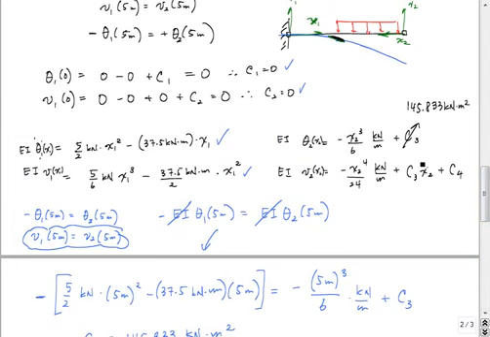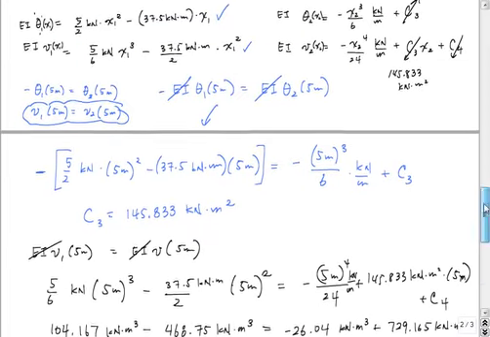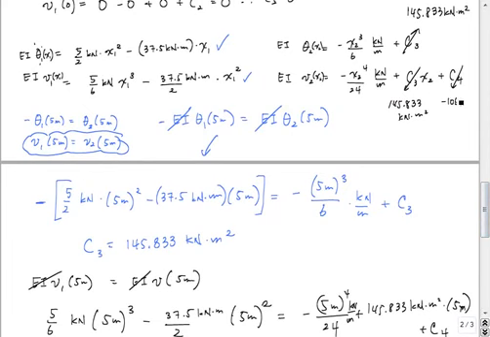Same thing here: 145.833 kilonewton meter squared. And then C4 would be negative 1067.71 kilonewton meters cubed.